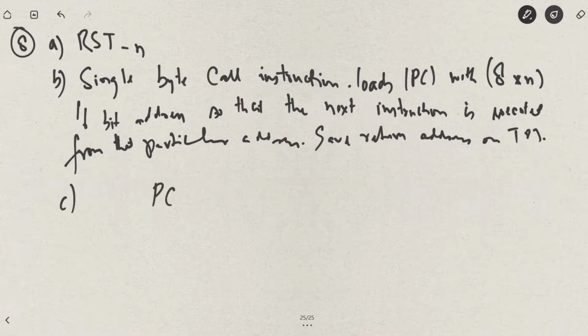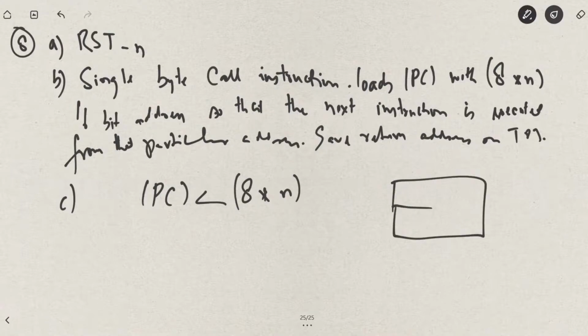Using the macro RTL, the program counter is loaded with 8 times n. What this represents is the number of different variations of this instruction.